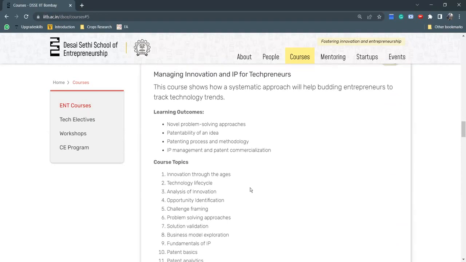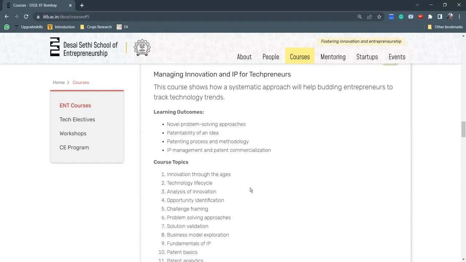Next is managing innovation and IP for technopreneurs. This is especially for students who have an idea, but again, this is open to all. If you have an idea, if you have tested it out and started building it, there is a main phase where you have to know how your idea, your product or your service should have IP.